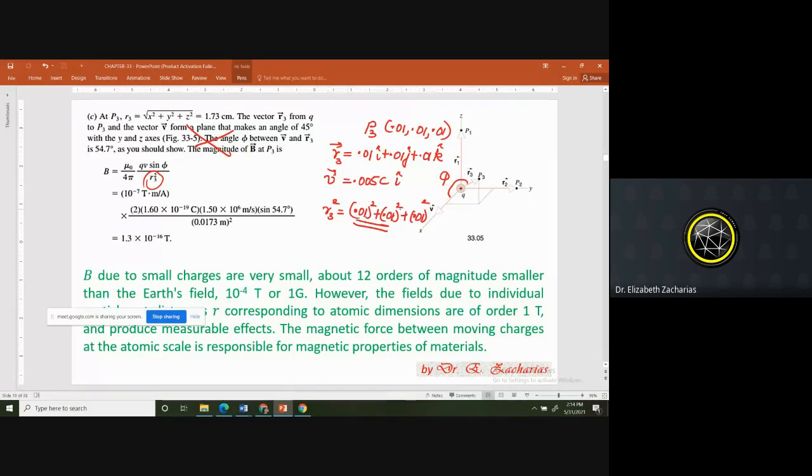That's why I have not put the under root. So just substitute these things into this particular equation. Mu naught by 4 pi you already know. You know Q. Then instead just write mu naught by 4 pi Q V cross R by R cube you do.